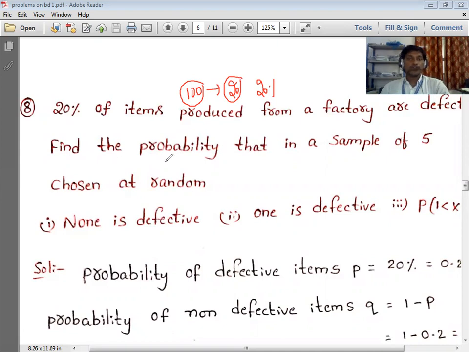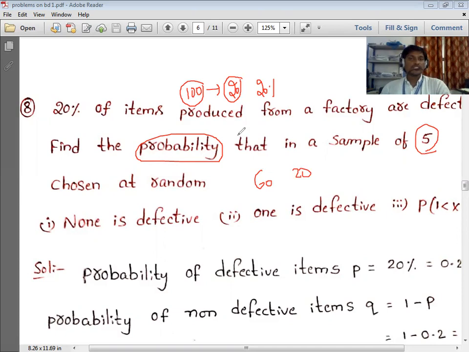And find the probability that, so they're asking to calculate the probability that in a sample of 5 chosen at random. So randomly they chose 5 items, that may be defective or non-defective, we don't know that. It is simply like if we are taking your class of 60, in that 60 some of the students may fail. So here it is having 20 fail.